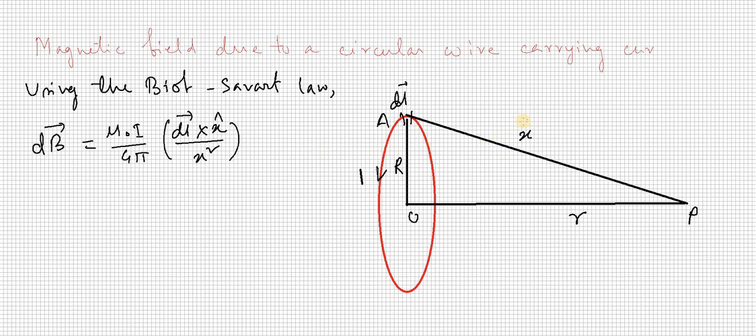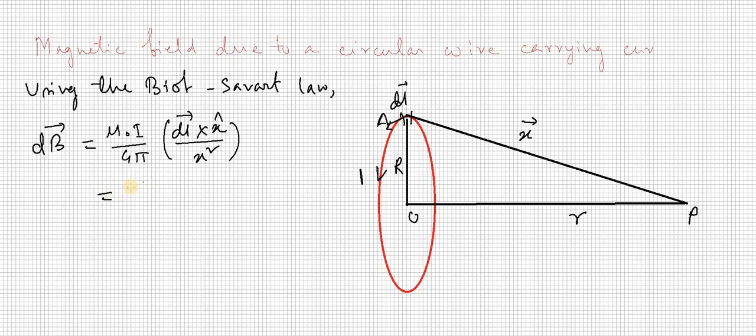As the vector x is perpendicular to the elementary length, the angle between dl and x is 90 degrees.